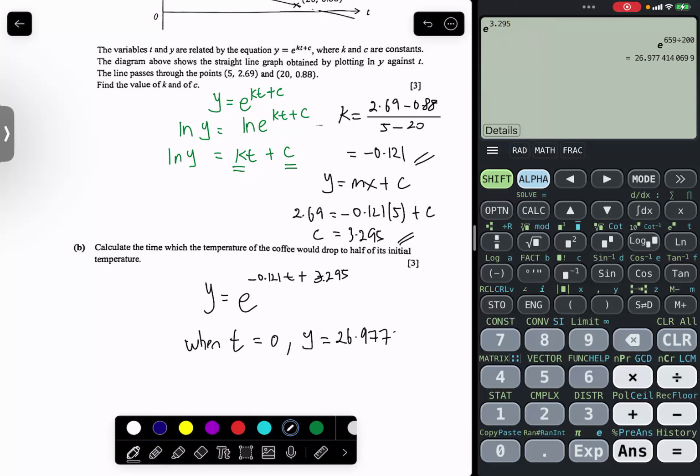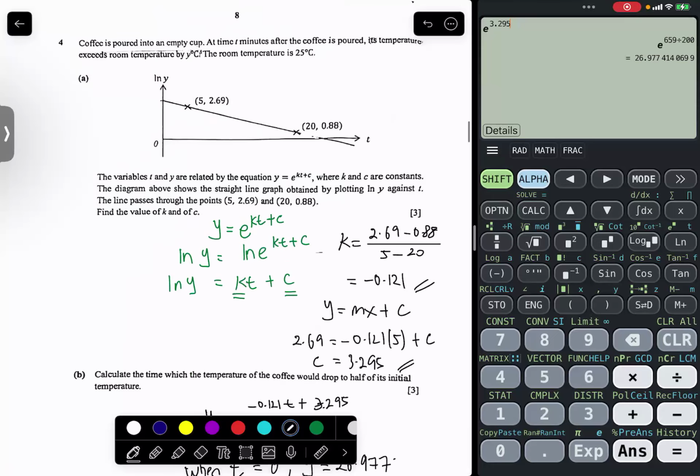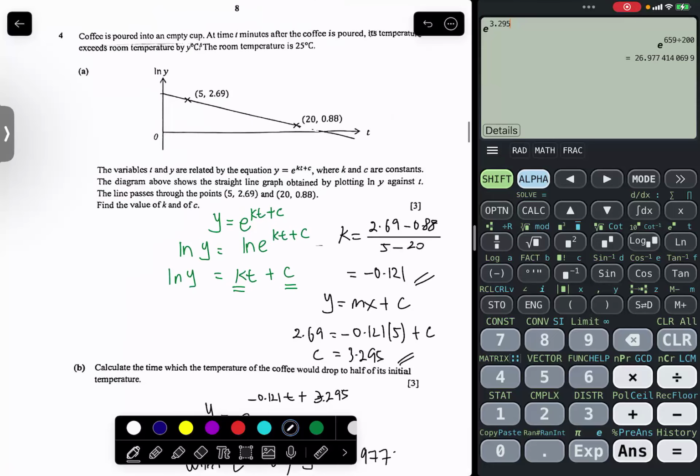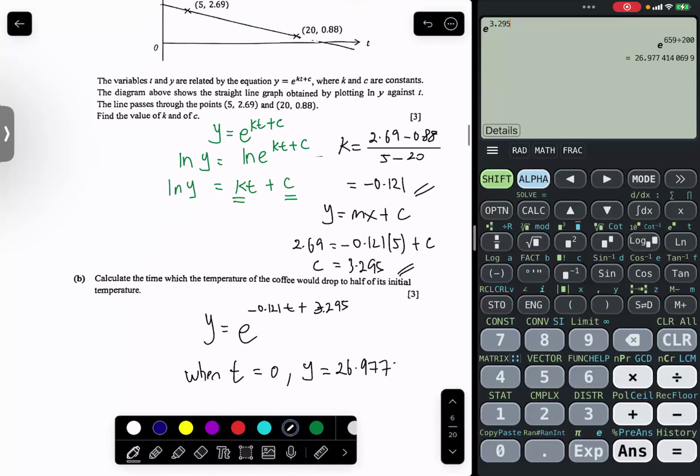Oh, sorry. The temperature exceeded room temperature by y. So y equals 26.977.